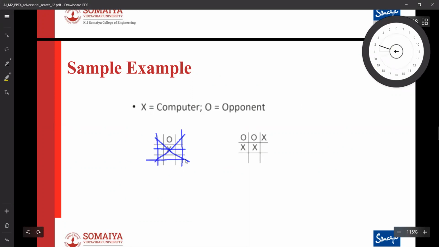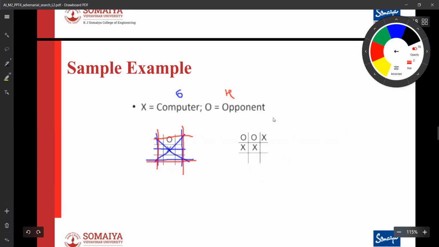So in total there are 6 ways the computer can win according to this criterion. Now we'll see the ways the opponent can win. O has 1, 2, 3, and only 4 chances. So in the middle here, we can see the computer is stronger than the opponent.